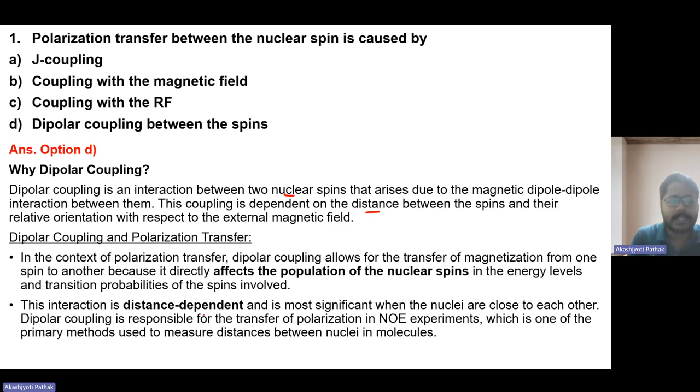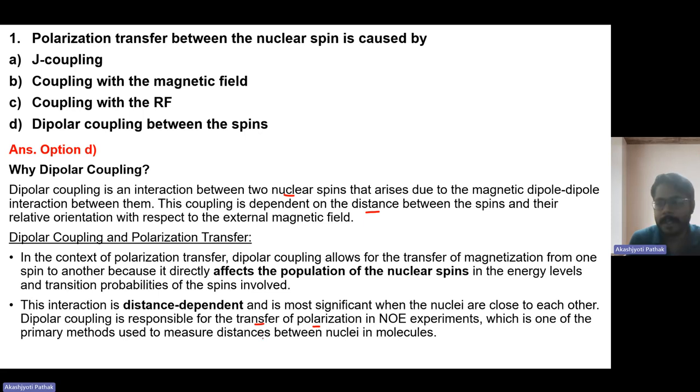So the interaction is distance dependent and is most significant when the nuclei are close to each other. Dipolar coupling is responsible for the transfer of polarization in NOE experiments, which is one of the primary methods. Since it is a distance dependent phenomenon, we can exploit it to measure the distances between the two nuclei.